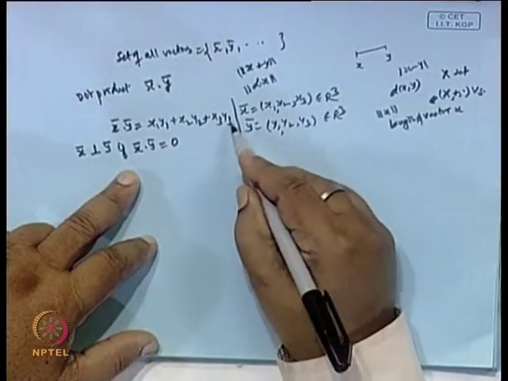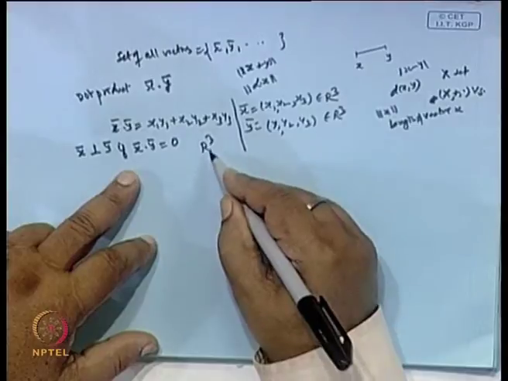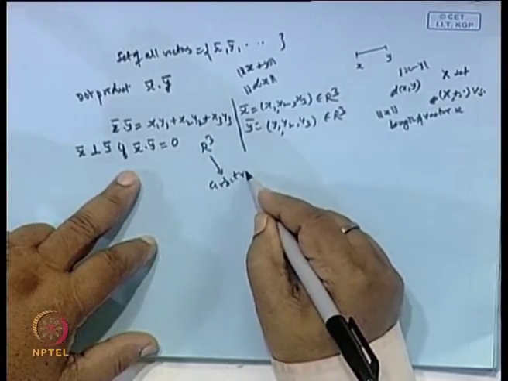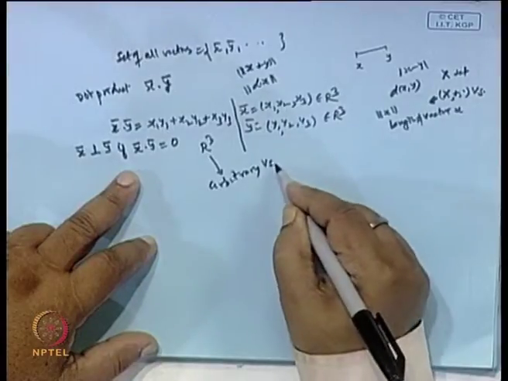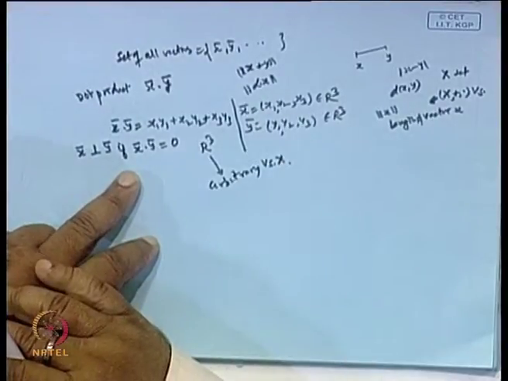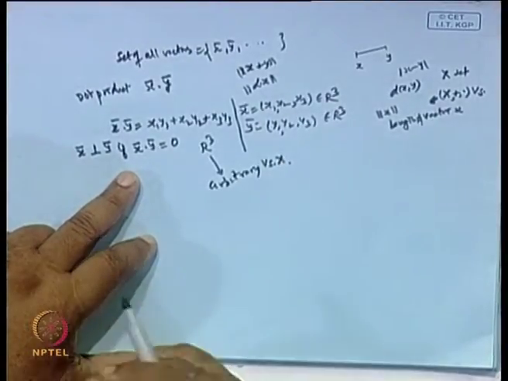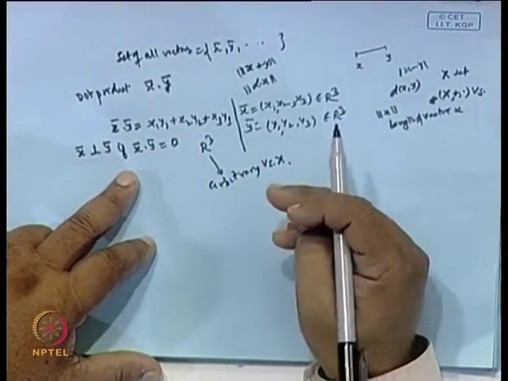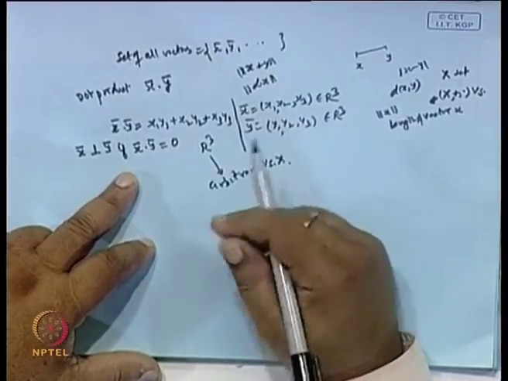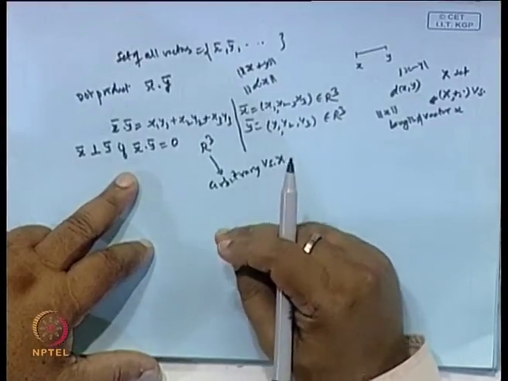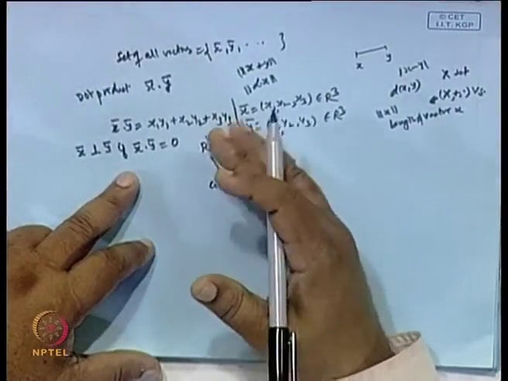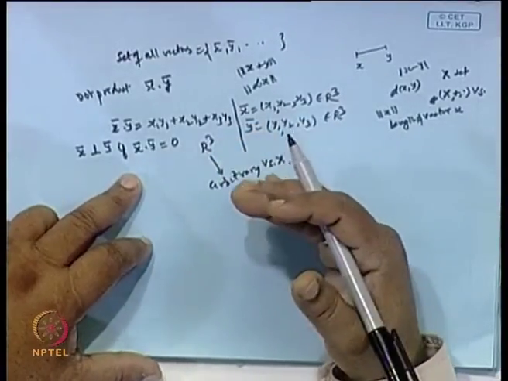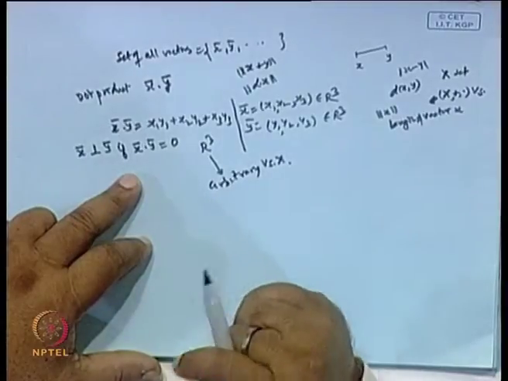Clear? So, this concept of orthogonality and the concept of the dot product so far has not been generalized from R3 space to an arbitrary vector space X. So, the question is, can we generalize this concept also to an arbitrary vector space, so that the structure which you are getting will be more useful and can have applications where the dot product and orthogonality play the vital role.